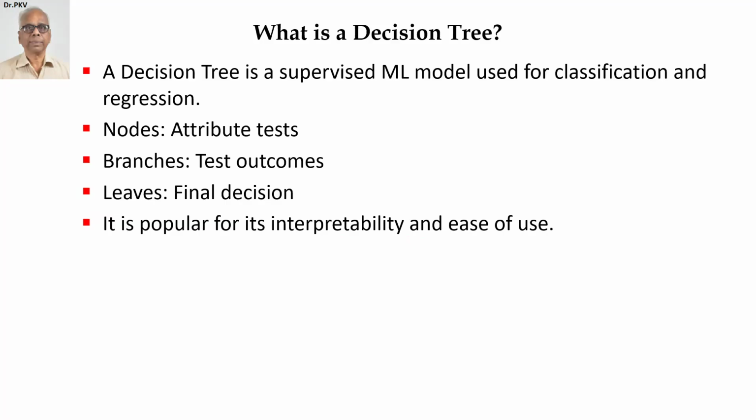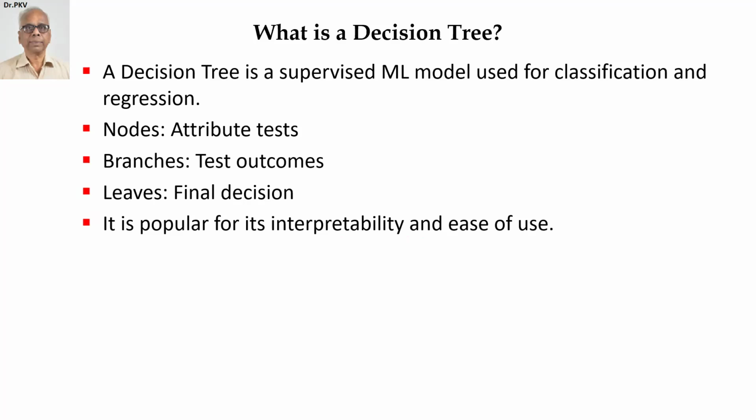So you have a root node, you start a problem with the root node, and then the attribute test. What I mean by that is the root node starts with a particular attribute and then keeps dividing the whole thing into multiple types of splits.